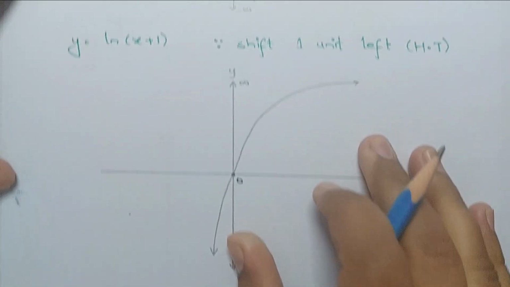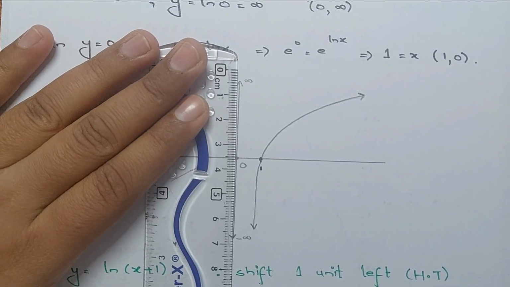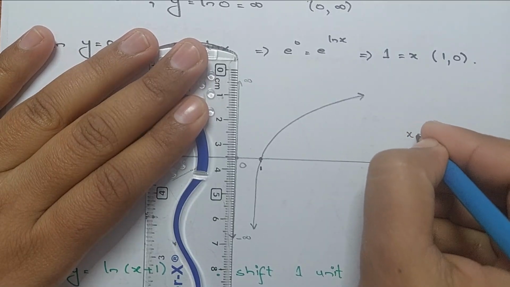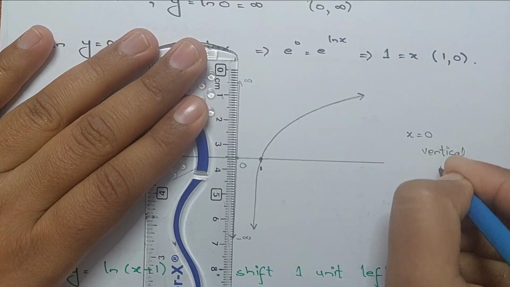Now before, you can see we have a vertical asymptote for this base function, x equals 0. x equals 0 is the vertical asymptote.